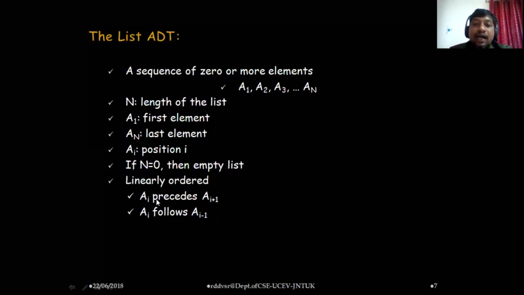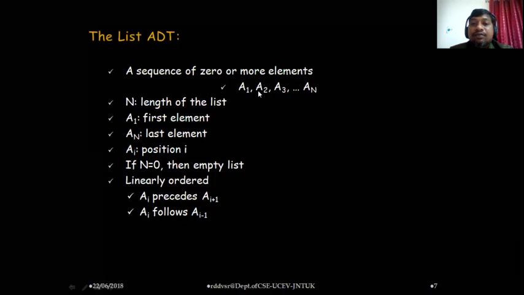Ai precedes Ai+1, that means A of 1 precedes A of 2. What is A of 2 here? It is i plus 1. If i equals 1, i plus 1 is 2. Similarly, A of 2 follows A of i minus 1, that is 2 minus 1, which is 1.